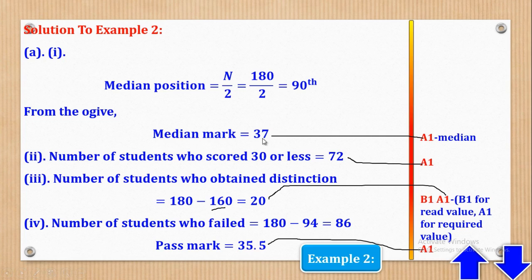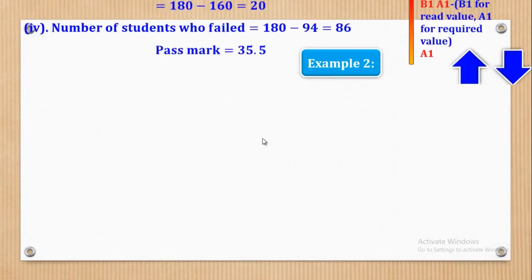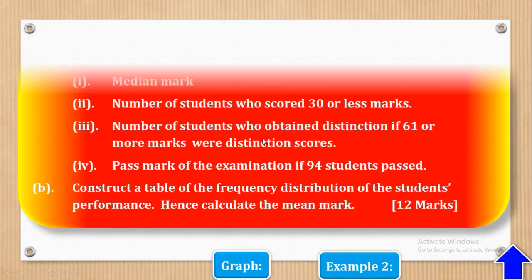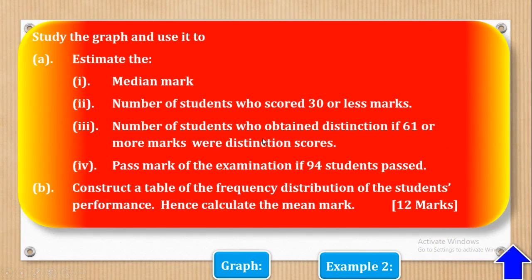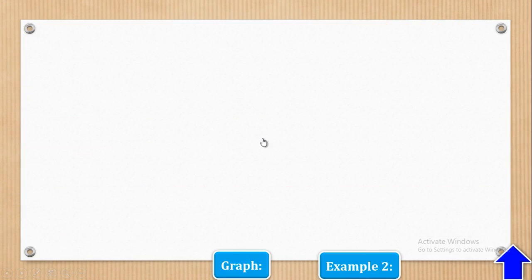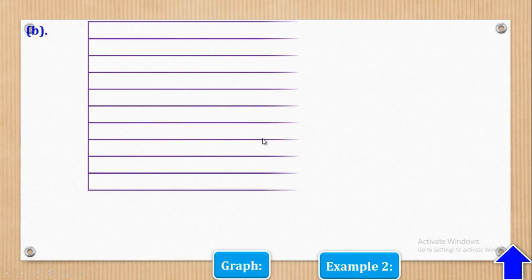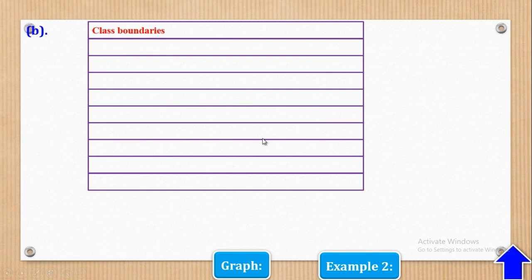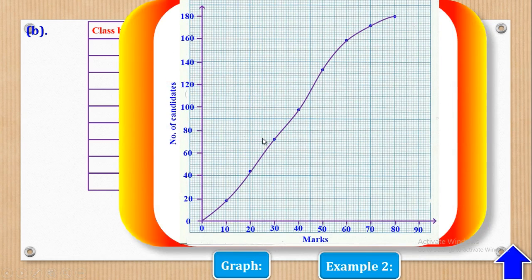Now let's go to part B. And part B says construct a table of the frequency distribution of the students' performance and hence calculate the mean mark. So just start with class boundaries, and class boundaries are these ones on the horizontal. So the first one is 0 to 10, then 10 to 20, 20 to 30, 30 to 40, 40 to 50, 50 to 60, 60 to 70, 70 to 80, like that.